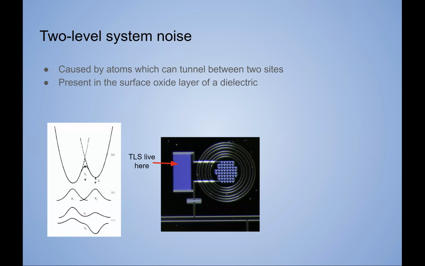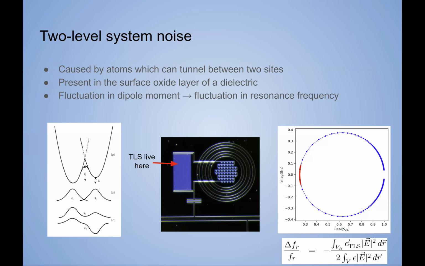So it's mostly present in the capacitor where we put down a bunch of dielectric to get the large enough capacitance we want. And when you put down a lot of dielectric, you're going to have probably some surface oxide layer, try as you might to not have that. And when the atoms move between these two sites, they have a dipole moment, which is the charge times the displacement of this atom, which is changing.